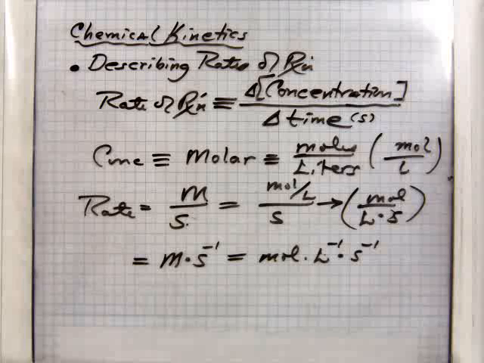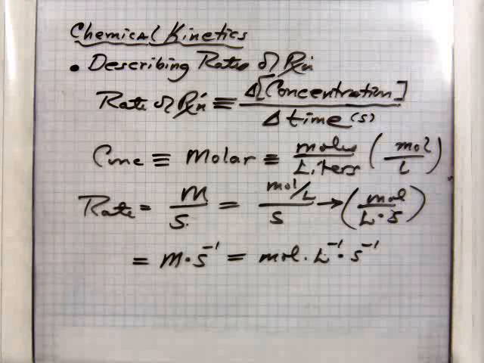If you look in the handout that I gave you, you might look across the top of those tables in there, and you might see something of that nature and how it is presented, because it's important that you be able to recognize the units and translate that into, oh, I've got to do this in this problem. So that's your first step in understanding and describing rates of reaction.